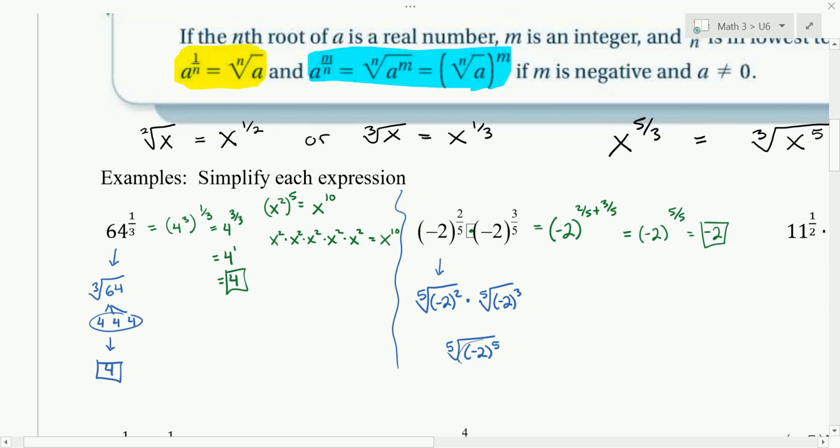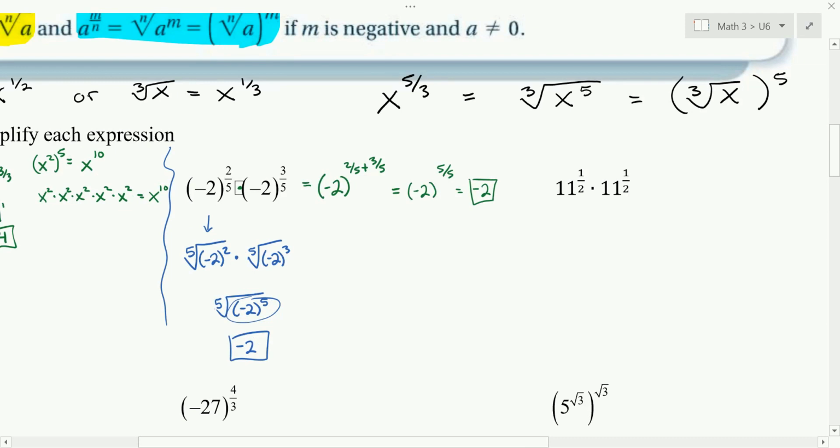Well, I have 5 -2's, and so my answer is going to be -2. So 2 different routes again. You can take either route as long as you get to the right answer. Sometimes one route will be better than the other, so I'm showing you both so you get a feel for both. Some problems you'll want to go one way, some you'll learn to go the other way.